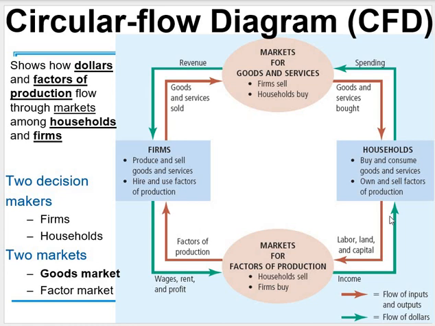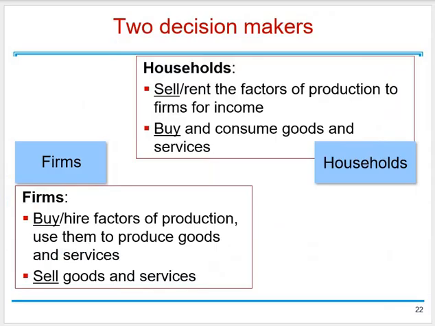So the factors of production are being traded in the factor market. What's interesting about this model is that firms and households don't see each other in just one market. They see each other in both markets, okay? So in the goods market, they're doing some transactions. And at the factor markets, they meet each other again and make different transactions. So we're gonna elaborate in later slides.